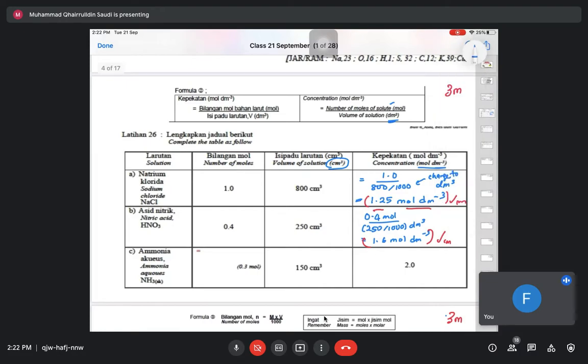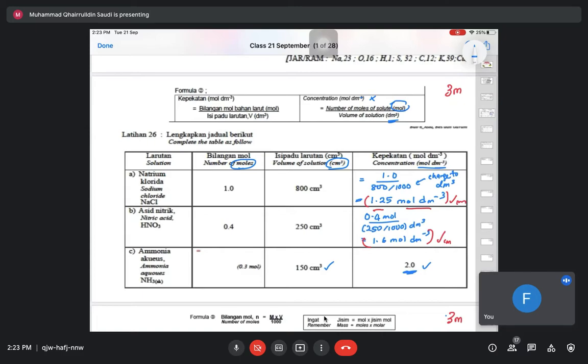Next one. They already gave you the concentration in mole per dm cube, or the molarity, and they have also given you the volume. They wanted to know the number of mole of the solute. So if we want to find the number of mole of the solute, we just take the concentration times the volume.